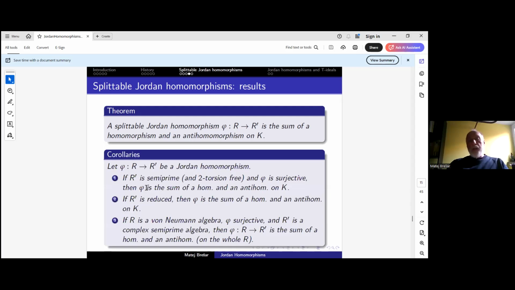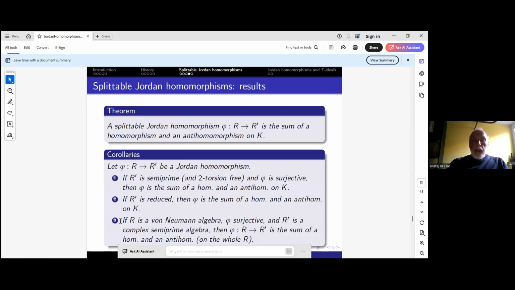A few corollaries. If a ring is semi-prime and phi is surjective, then phi is the sum of a homomorphism and an anti-homomorphism on K. Then if a ring is reduced, it means no non-zero nilpotents, then surjectivity is not necessary.